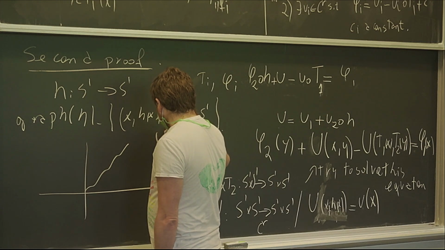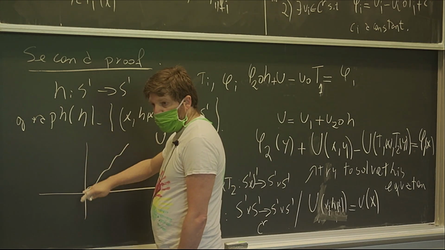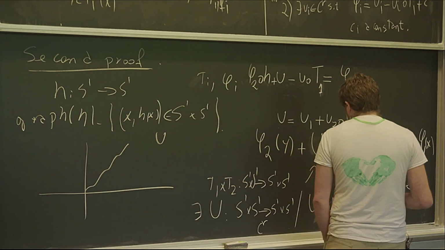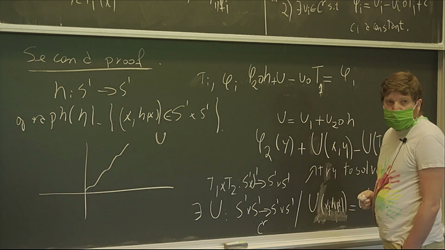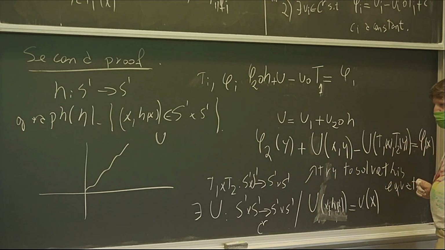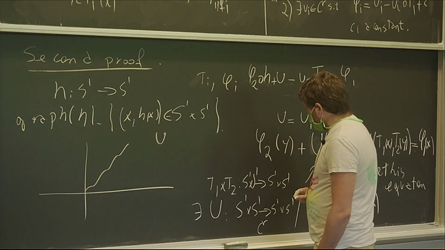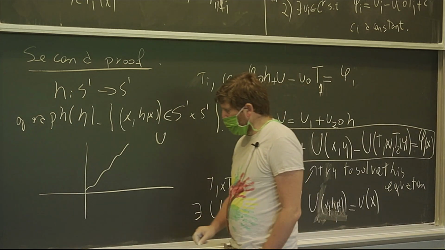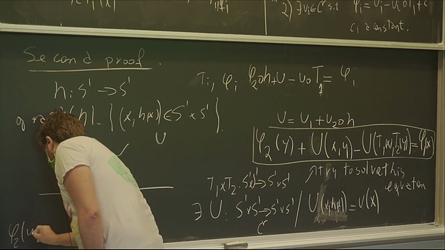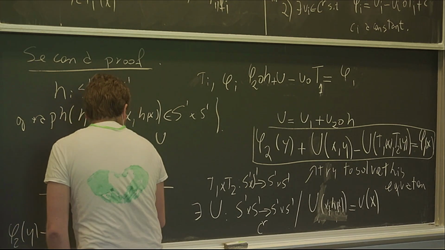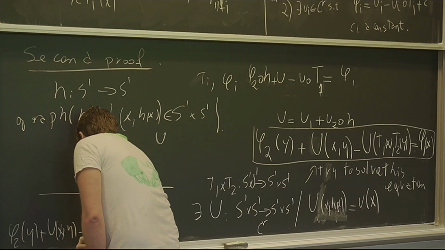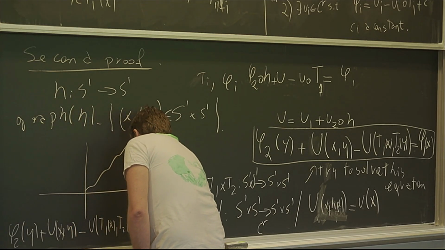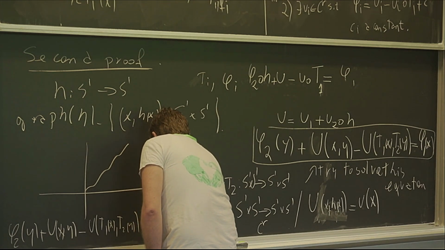Then I have this function U, well, actually it's everywhere, but it does some job on the graph. Okay, that's all I need. Now I look at this expression here: phi 2 of y minus U of (x, y) plus U of (T1 x, T2 y) minus phi 1 of x.